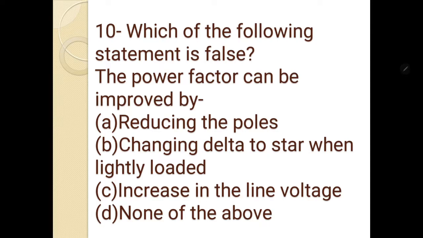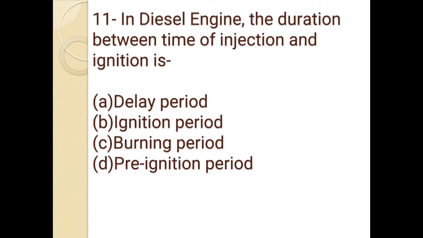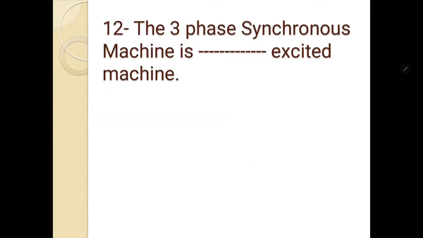The correct option is by reducing the poles. By reducing the poles, we cannot alter the power factor. In a diesel engine, the duration between time of injection and ignition is known as delay period. Option A is the correct option.